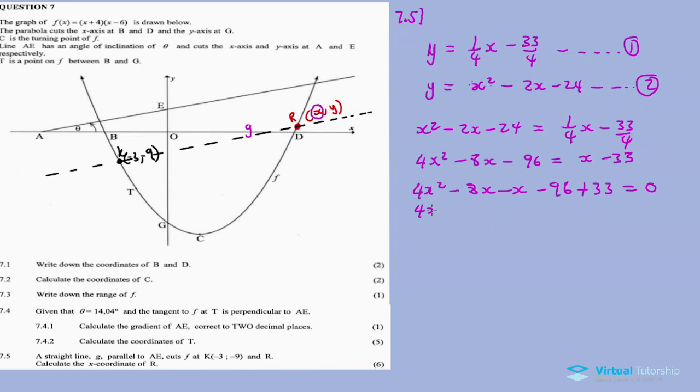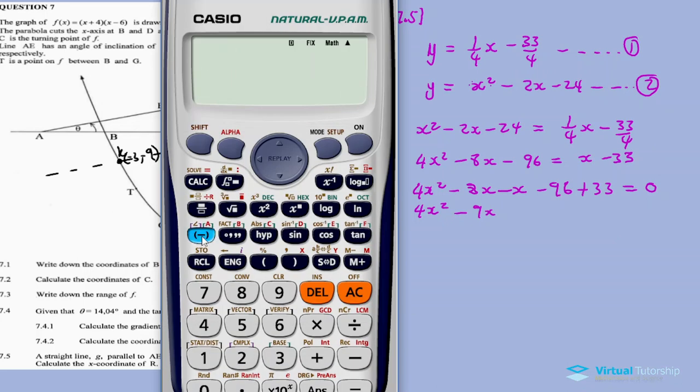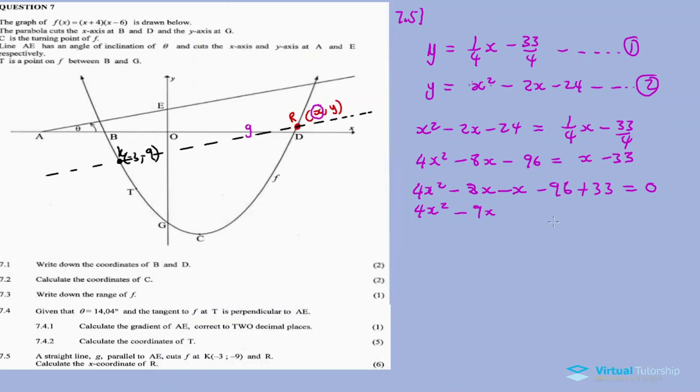So for the 4x squared, we get minus 9x, and negative 96 plus 33 is negative 63 equal to 0. Then you can use your quadratic formula to find your roots, or you can just go with the factoring method.